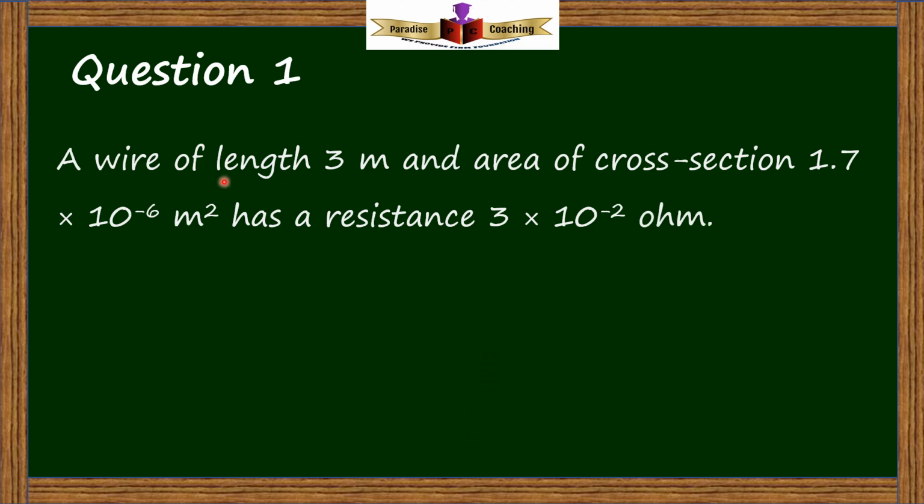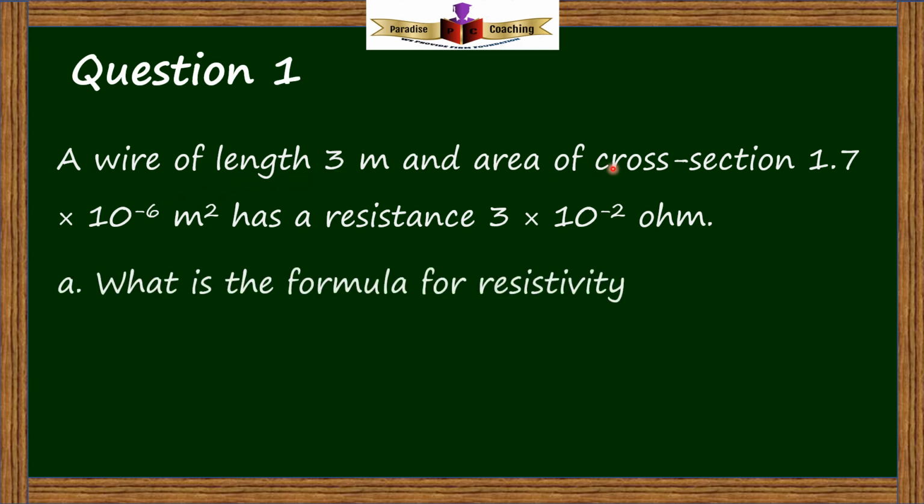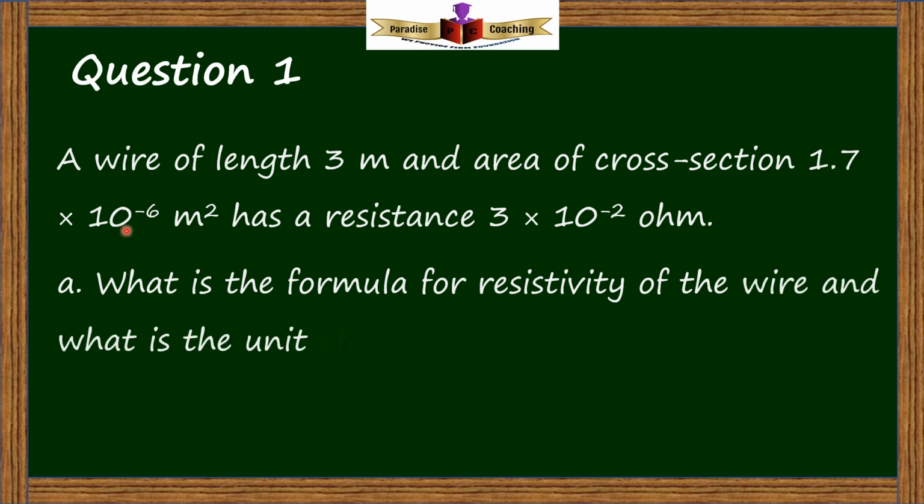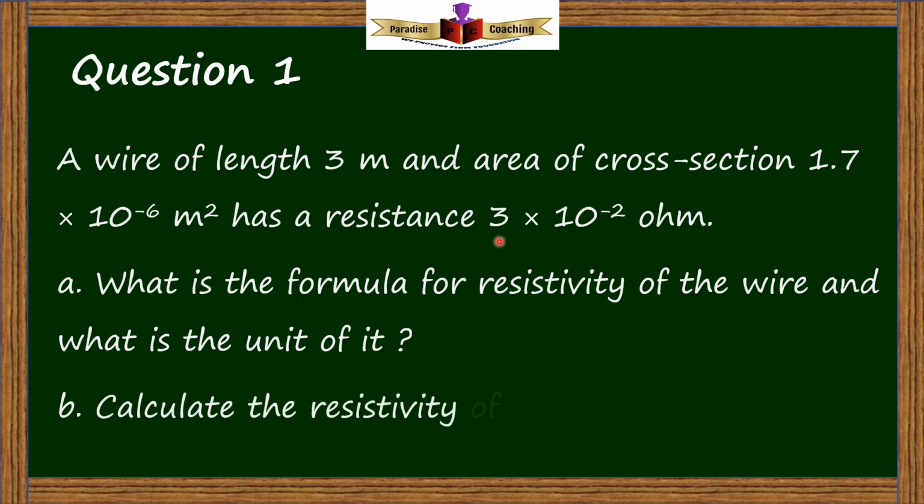So if you read the question, it says that a wire of length 3 meter and area of cross section 1.7 into 10 raised to minus 6 meter square has a resistance of 3 into 10 raised to minus 2 ohms.